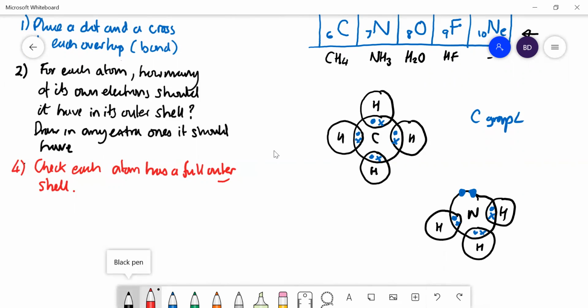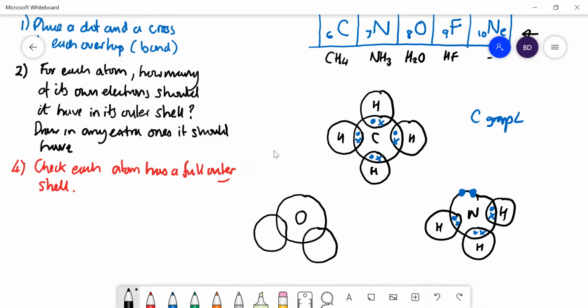Right, let's do the same for water now. Oxygen is in group 6, remember? The first step, the blue step: a dot and a cross in each overlap, dot from oxygen, cross from hydrogen. The black step: for each atom, how many of its own electrons should it have? Oxygen's in group 6, so it should have 6.